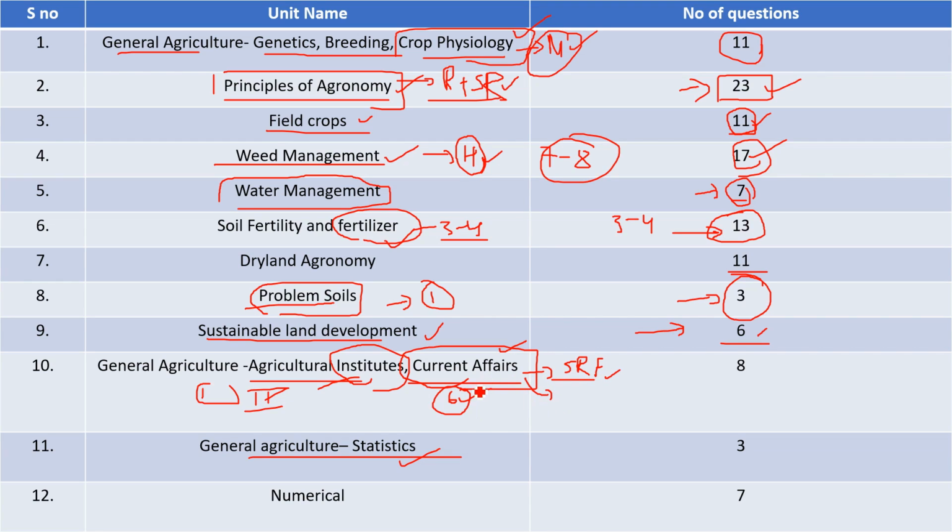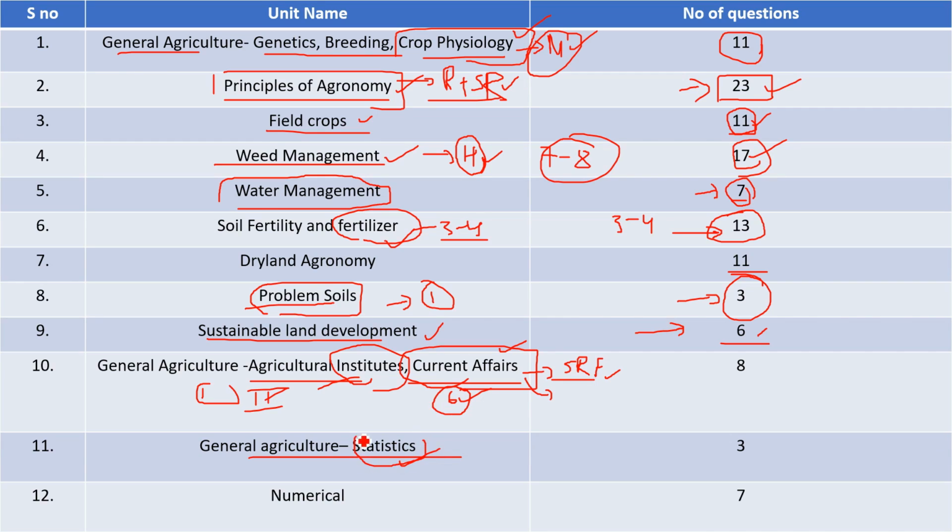This year we got 6 questions from current affairs, like satellite-based questions, which were more. This kind of questions were asked this year.